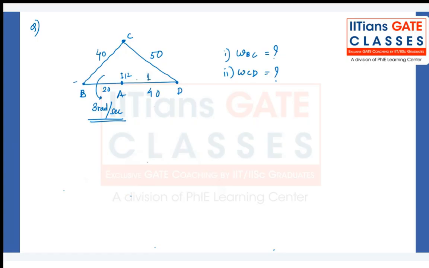This is the first link, let's say. This is your second link. First link, second link, third link, and fourth link. This is I center 1, 2. This is I center 2 and 3. This is I center 3 and 4. I center 1 and 4. Your I center 1, 3 is also same, and your I center 2, 4 is also same.